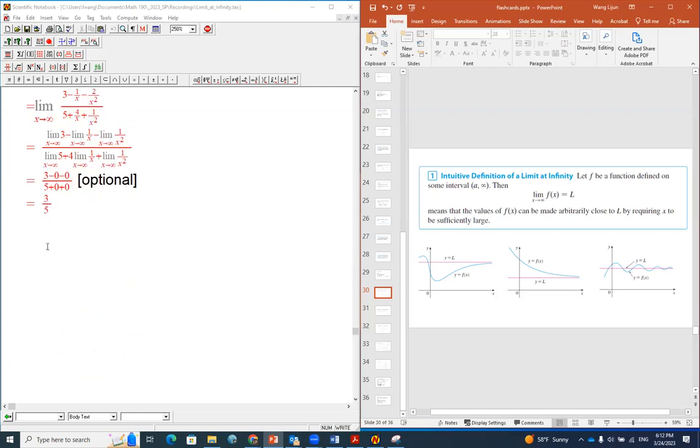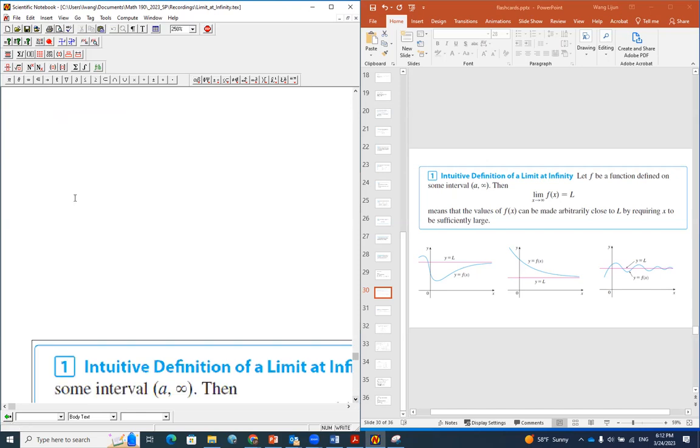Okay, the next question I would like to do is this one. We have a function. This is one of the homework questions. I'm going to do the horizontal asymptote part; we're going to find the horizontal asymptote.